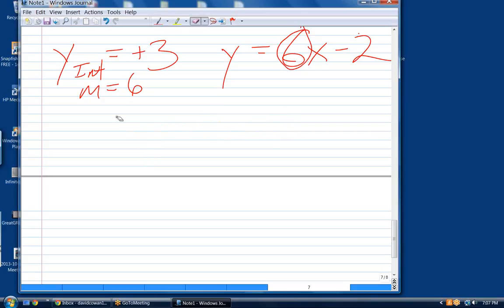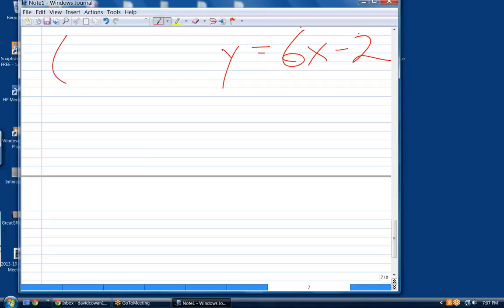Okay. And the other kind of questions you would get would be, give me the equation of the line that is perpendicular to this and goes through the point 2, 3. Perpendicular. Okay. So what's the slope of perpendicular lines equal to?